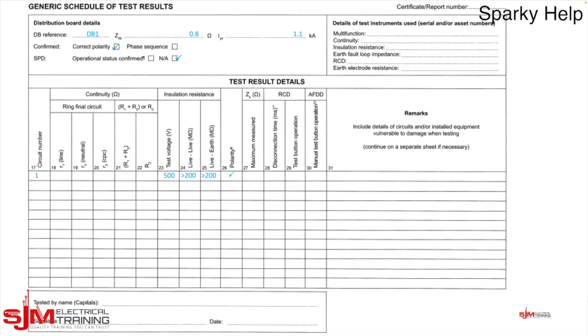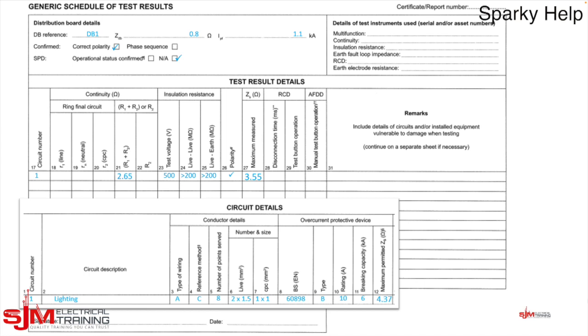So we'll add the values on so we can put our R1, R2 in, which was 2.65, and we can calculate what our maximum ZS is, and that is 3.55. What we need to do now is confirm whether this circuit passes or fails for maximum ZS. If we go back to the previous sheet, which now we have the circuit details, we have 4.37 as the maximum.